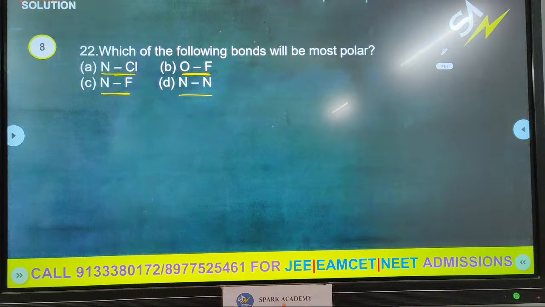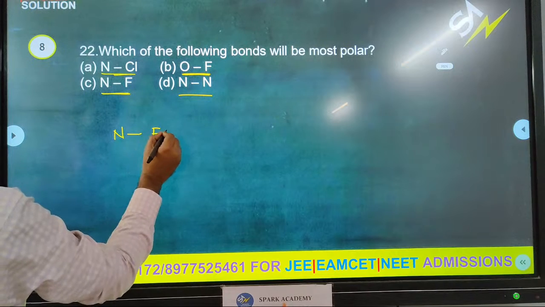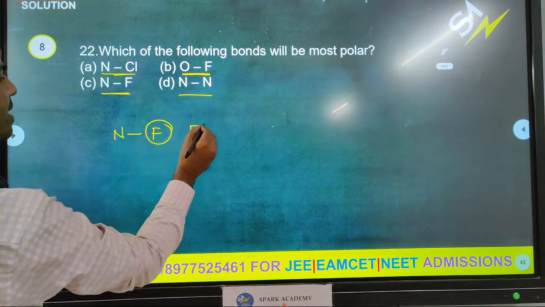Now see here, nitrogen and chlorine: there is an electronegativity difference. Oxygen and fluorine, nitrogen and fluorine are there, but the electronegativity difference is more in the case of nitrogen and fluorine, because fluorine is more electronegative.